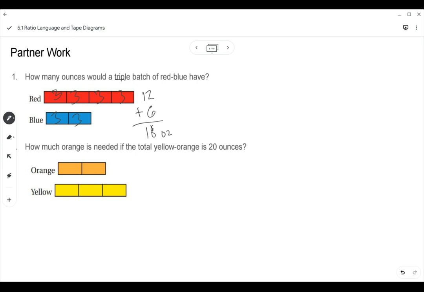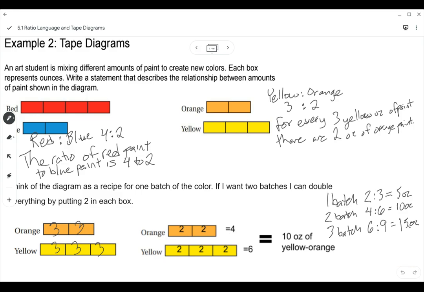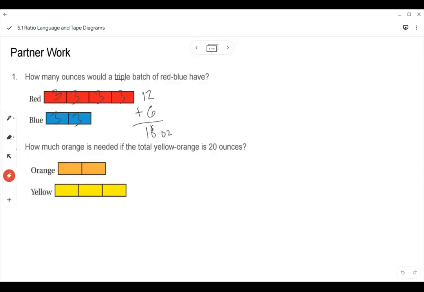And if we have how much orange is needed for the total yellow orange is 20. Well, remember back on the previous page where we had this pattern going on. Hopefully, if you know your fives, we know that 20 is going to be the next number here. So we can assume this is going to be a quadruple batch. But if we weren't sure about that, we should at least know that one recipe makes 5 ounces, and we want that to multiply by some amount in each of the boxes to make a total of 20.